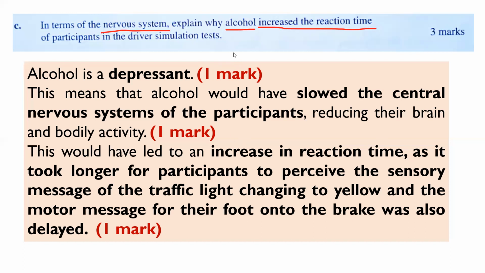Another thing I just want to mention before we finish up for today is this idea that when you're given a question and you're given the name of a drug, like alcohol, or a drug like benzodiazepines, or a drug like ecstasy or cocaine, and it says in the scenario that this drug has caused heightened levels of arousal or heightened levels of functioning, you need to be able to link the word heightened to the fact that this drug is a stimulant.